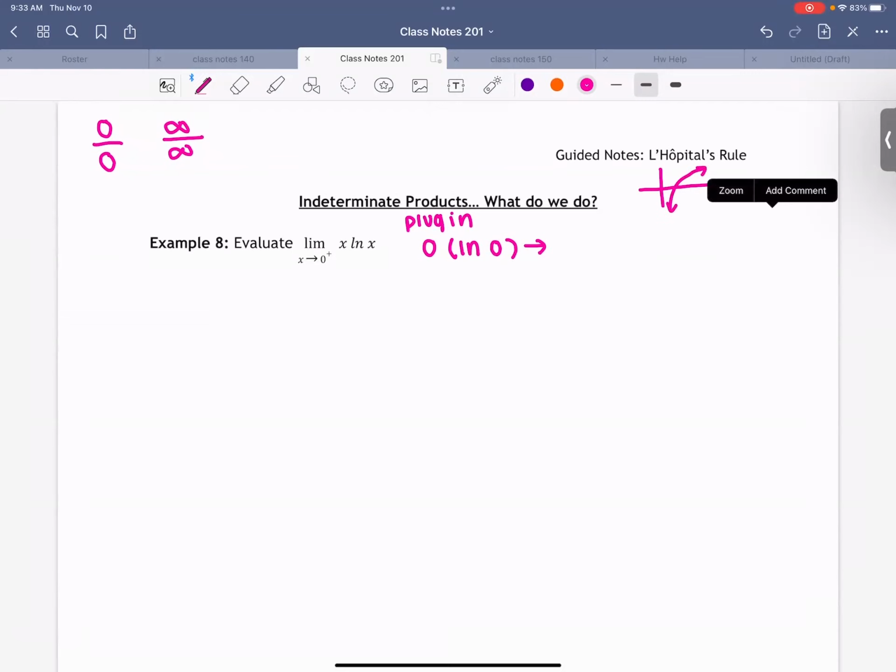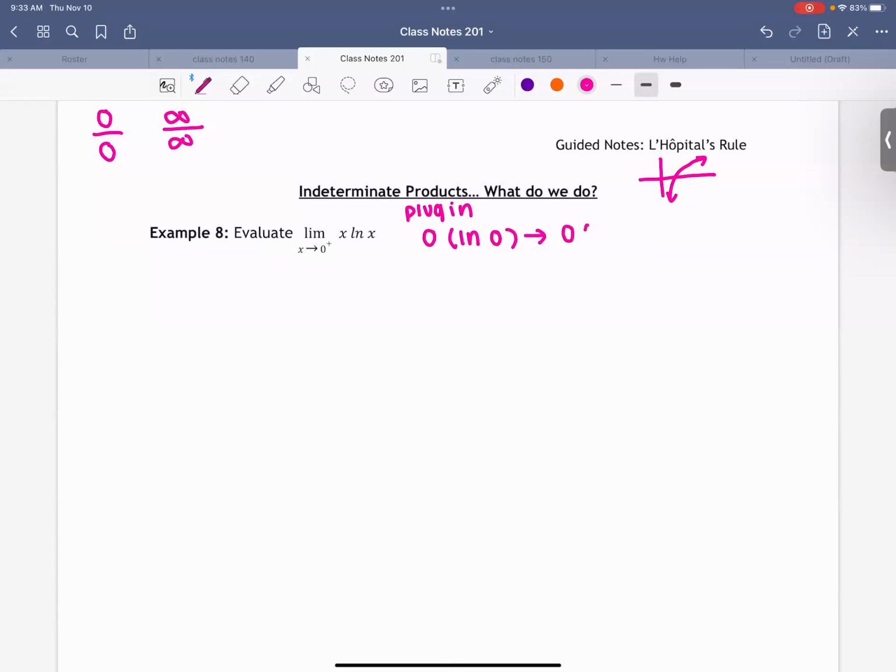And I know that as I'm approaching 0 from the right, where is the natural log function going to? Negative infinity, right? So this is really going to 0 times negative infinity, okay? Now, doesn't look like 0 over 0 or infinity over infinity, but this is actually another type of indeterminate form, okay? So this is an indeterminate form.